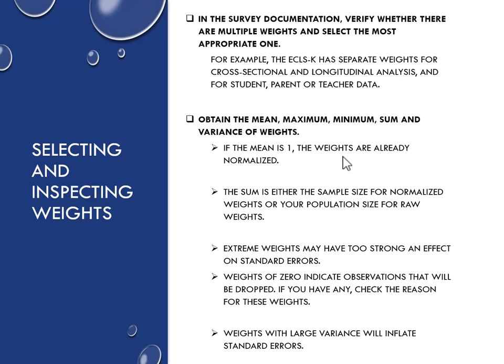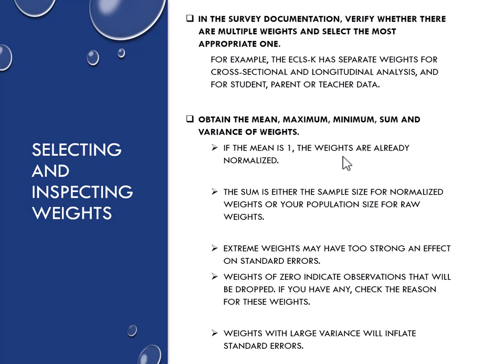For examining weights, first, be careful because there can be dozens of weights in a large data set, particularly a national data set. Once you download the weights, check them. Do they have a mean of 1, which means they have already been normalized to sum to the sample size? That's rare. They are usually raw weights.